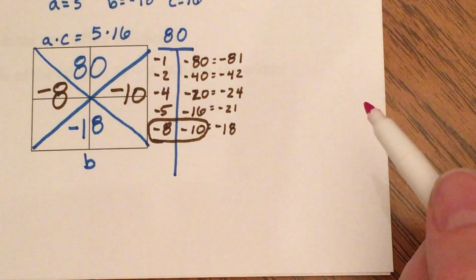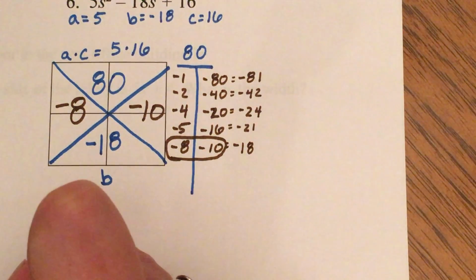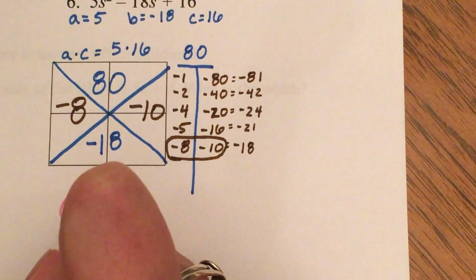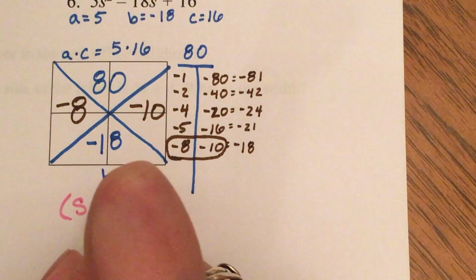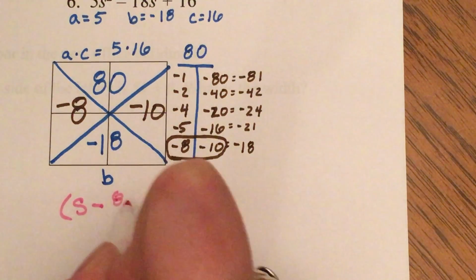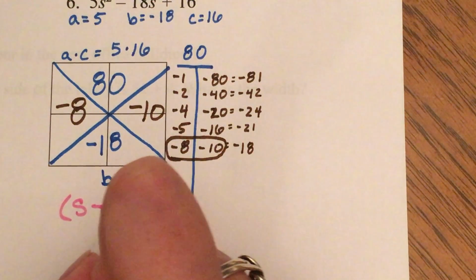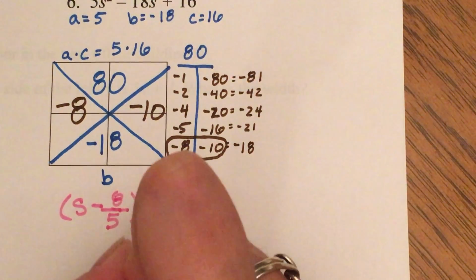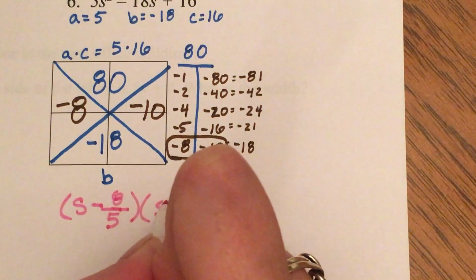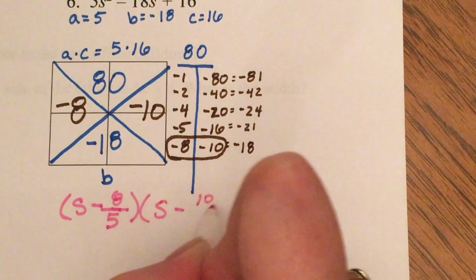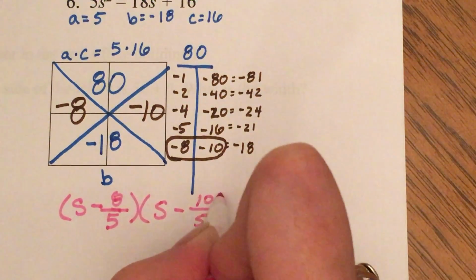So we have s minus 8 divided by a. What's my value of a? 5. And I have s minus 10 divided by 5.